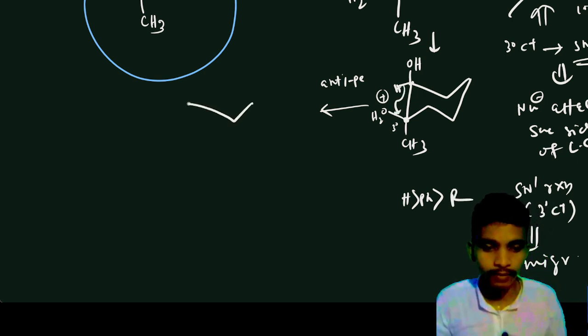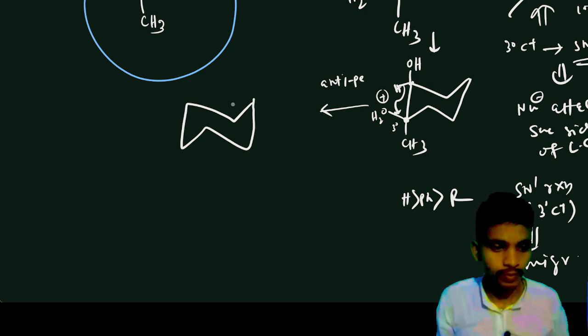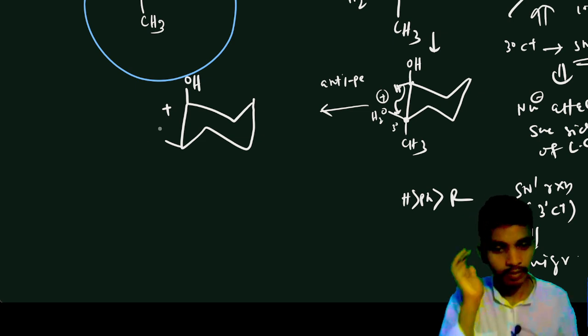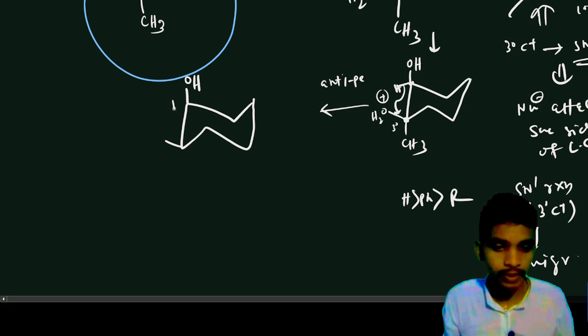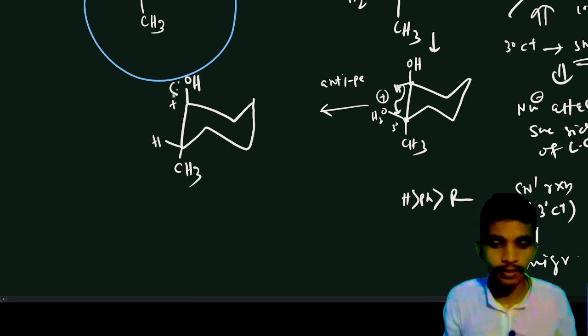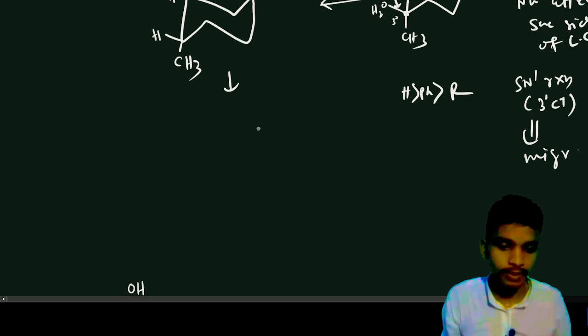So what will we get now? Here we will have the positive charge, and here we have the OH. Sorry, that has left. So here we get the positive charge, and here we have the H, and here we have the CH3. Okay, now this lone pair will be shared here, so you will get the answer like this.